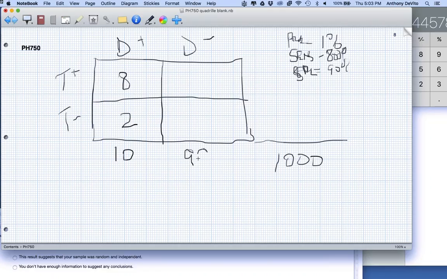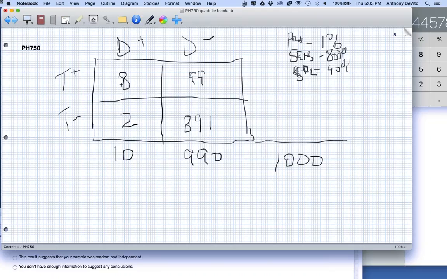And out of the 990 people in this population that don't have the disease, 99 will test positive, and 891 will test negative. I think I got that right. 90% of them will test negative, 10% of them will test positive, even though they don't have the disease.